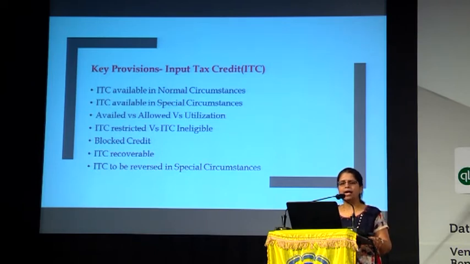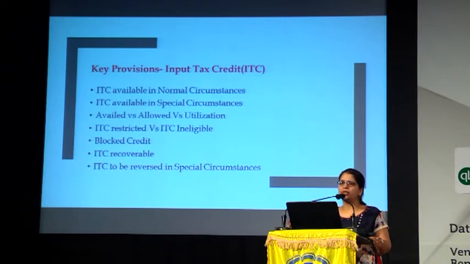Then the next aspect is ITC restricted and ITC ineligible. Generally we use the terminology as per our whims actually, but it has to be used on its special occasions. If it is ITC restricted, it means you are restricting with special conditions. For example, Rule 42 says that you have to apportion your credit between eligible and ineligible, between the taxable supplies and exempted supply.